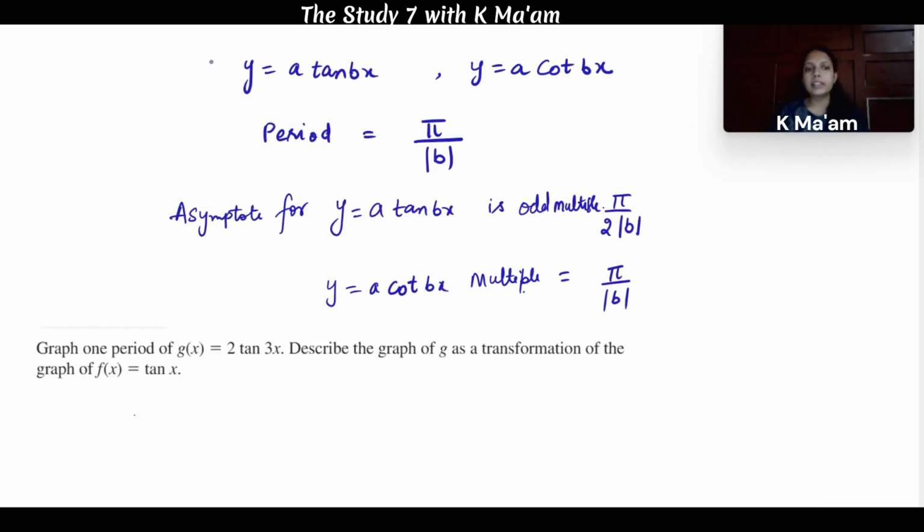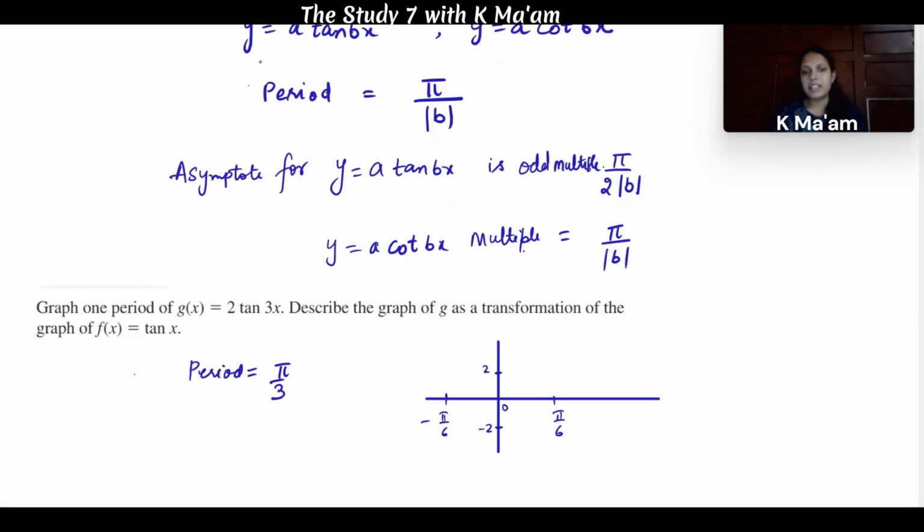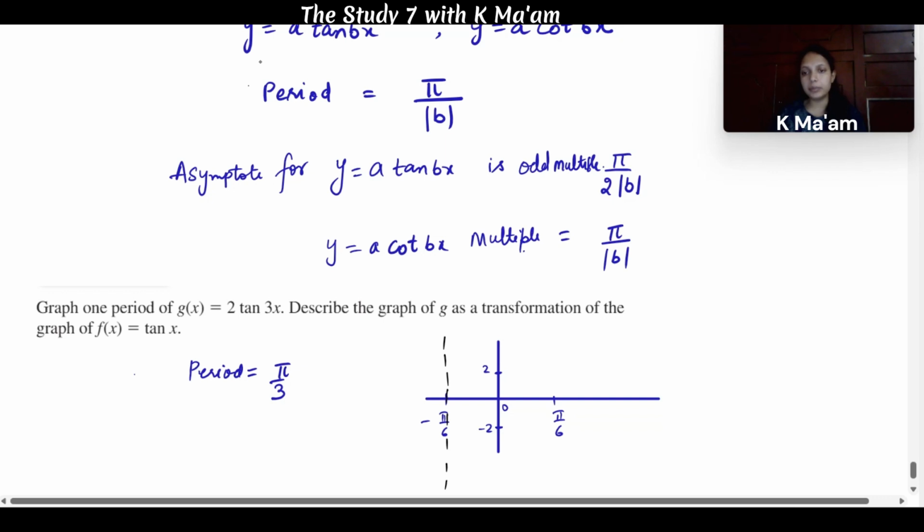Look at this question. Graph 1 period, then describe the graph of g as a transformation of tan x. So what is the period here? The period will be pi over 3. I will draw the graph of tan x. The period is pi by 3, pi by 6 will be an asymptote and negative pi by 6 will be an asymptote.